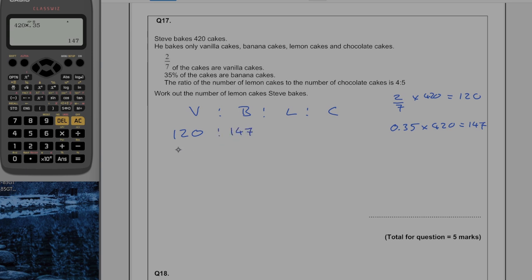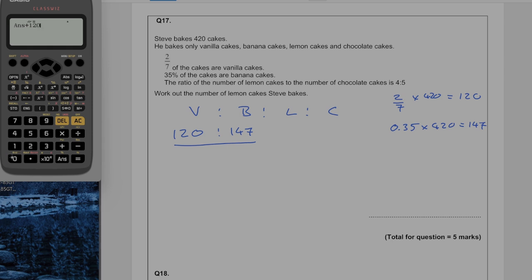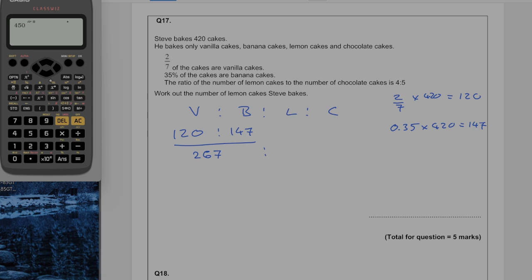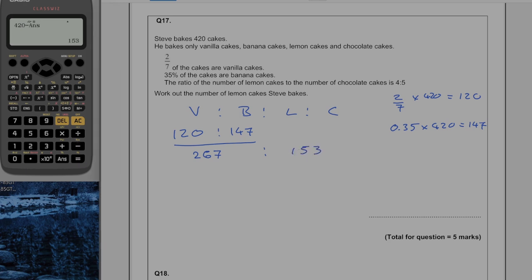So that means that in total we've accounted for 267 cakes, which means that we've not accounted for 420 minus my last answer. We've not accounted for 153 of the cakes.